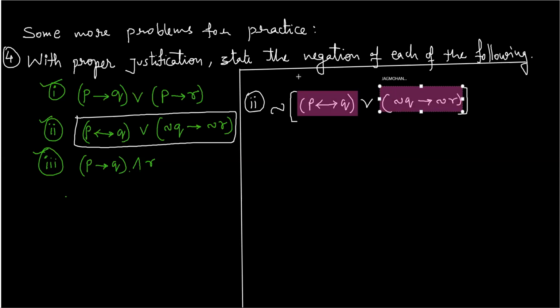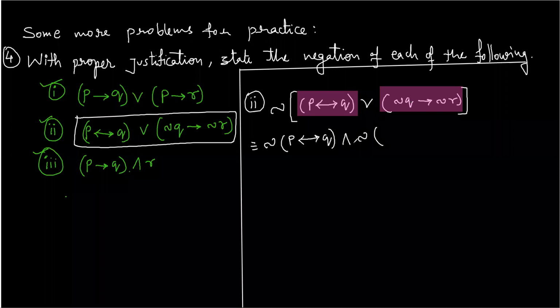So first I write negation of disjunction of two statements. So it will be negation of this, negation of P double implication Q, and here negation of, you write negation of this, and conjunction, disjunction becomes conjunction.